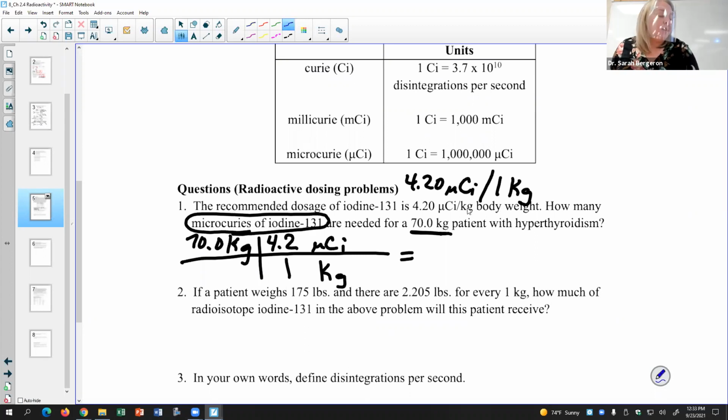What happens to my units? Kilograms cancel. I'm left with micro, and micro is a U with kind of a long thing on it. Microcuries, 4.20. So what should I get? You have a calculator. What do you get?